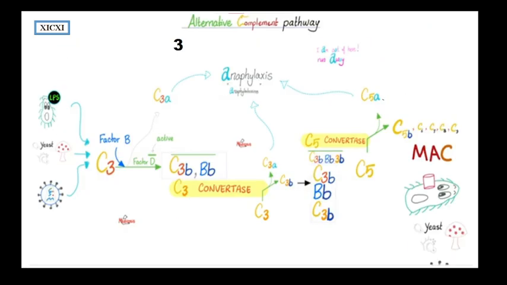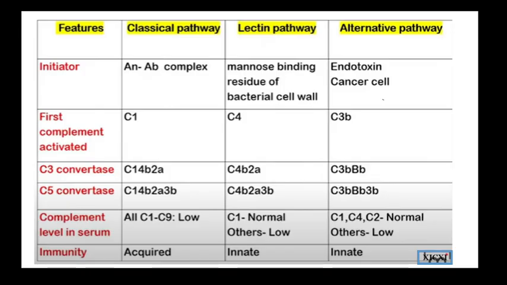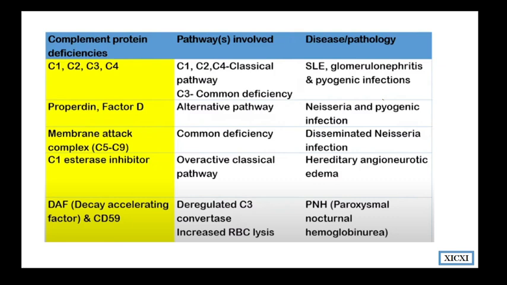So continuing with this pathology, deficiency of this C1 esterase inhibitor is going to cause overreactivity of the classical pathway. This classical pathway is going to be working like crazy. We will have what you call hereditary angioneurotic edema.